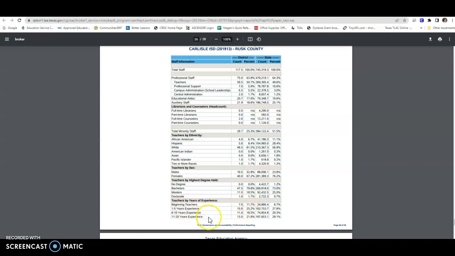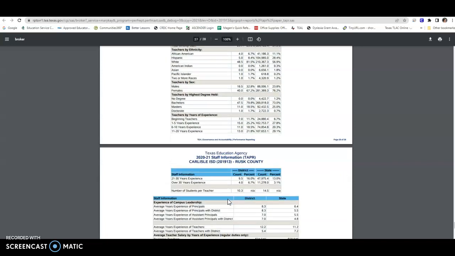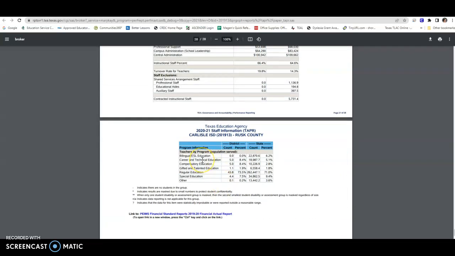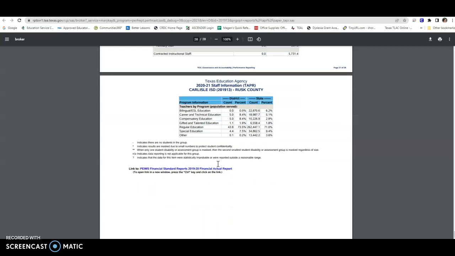Or it can highlight teachers who may be in the retirement span and help us plan for new teachers. It also highlights the percentages of students and teachers in special programs. Again, questions to consider. Are special programs being served by appropriate teachers?